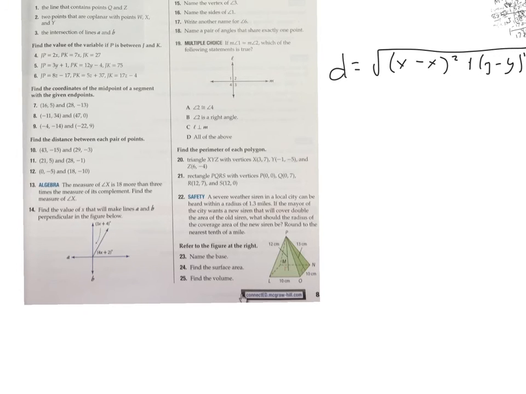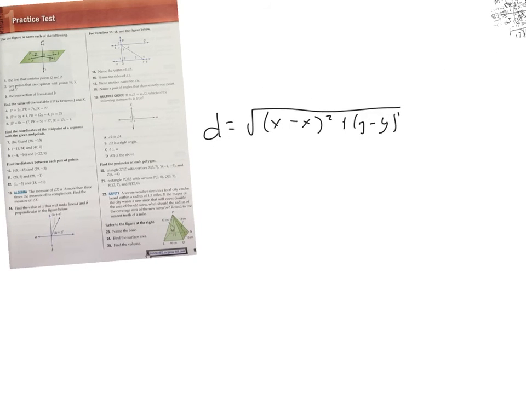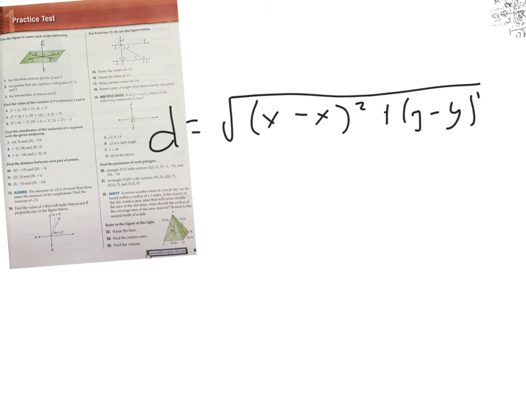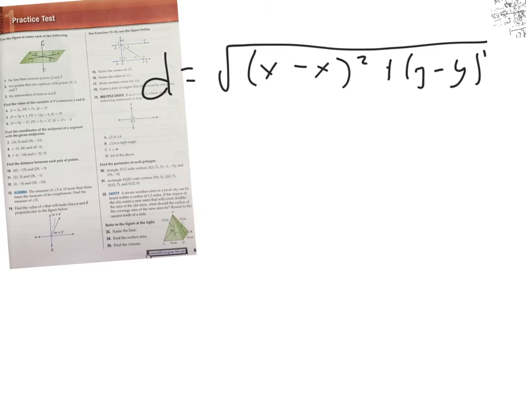And let me move this out of the way so I can make this a little bit bigger so I can see what I'm doing here. Right? So that's a y, and that's squared. Okay, squared. All right, there we go. So let's go ahead and look at the points again.